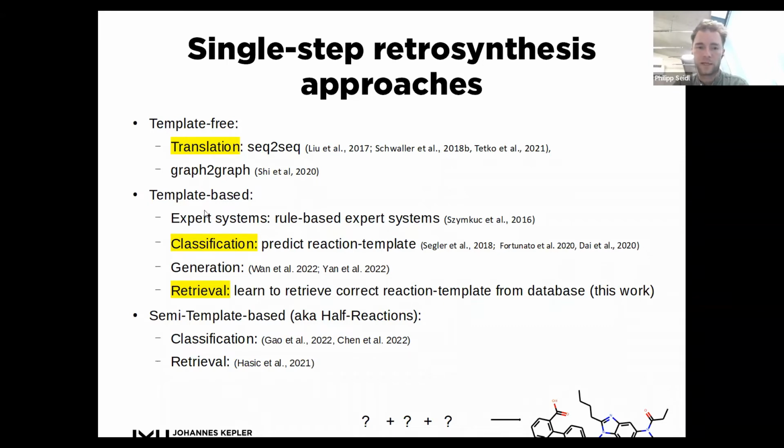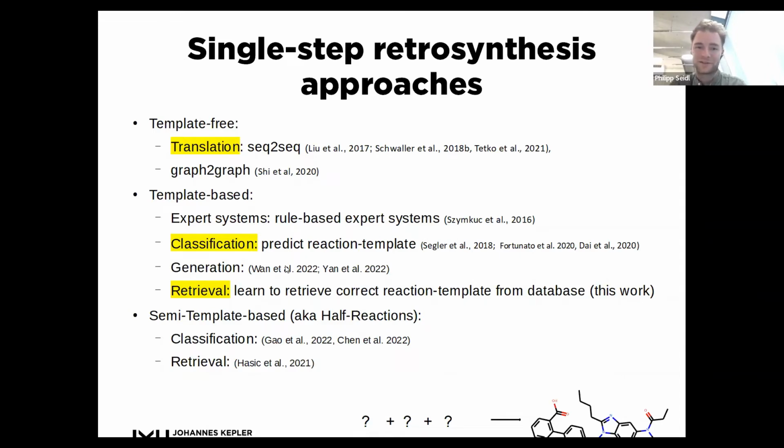And in the template-based approaches, we have expert systems where we don't even have a learnable system, but just execute the templates based on some rules. Then there are classification approaches which predict the reaction template given some learned model. One of the seminal works is by Segler, Fortunato and also Dai, which is the GNN.